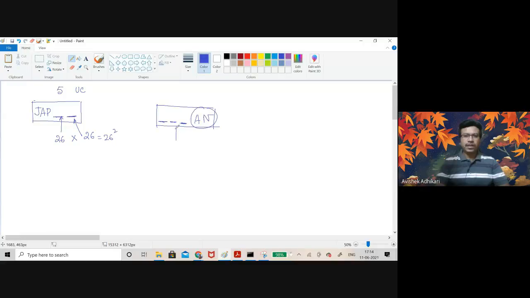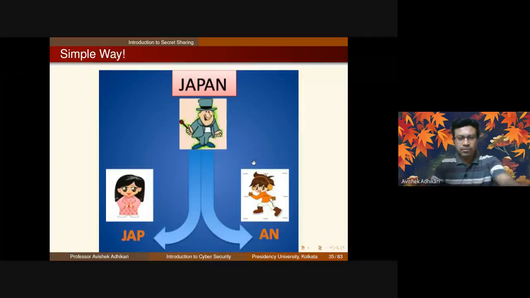So he has to guess only 26 cubed options. So he knows 40% of the information about the password. That means in this scheme, we cannot say that it is a good one, because the girl knows 60% information about the password, and the boy knows 40% of the information.